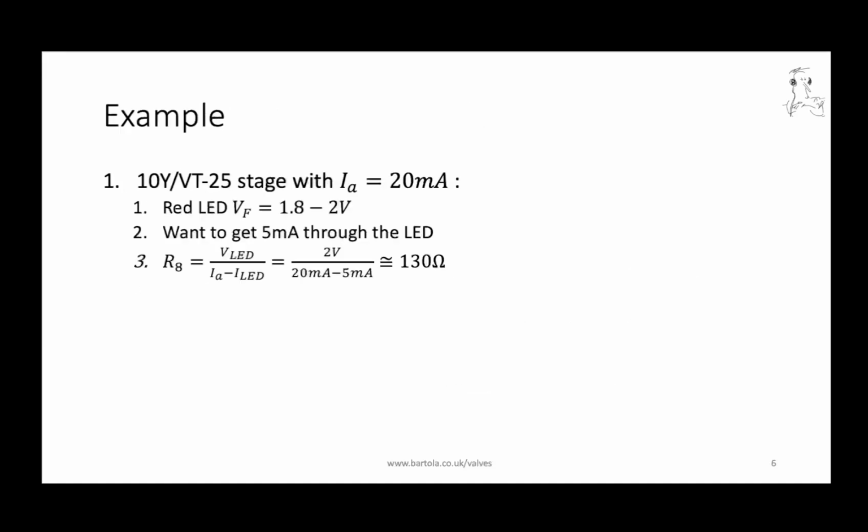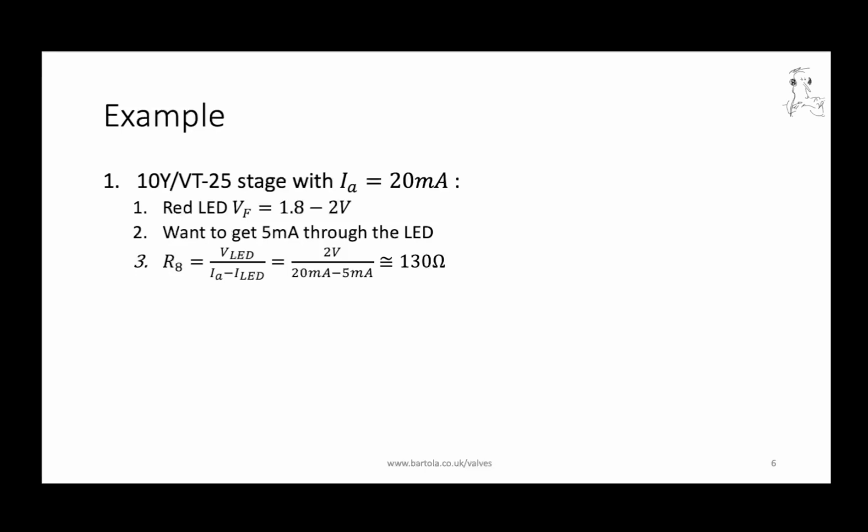As an example, think about the 10Y or VT25 stage with a quiescent current of 20 milliamps. And I have a red LED to be used, so typically they have 1.8 to 2 volts forward voltage. Let's take 2 volts, for example. You want at least 5 milliamps through the LED.